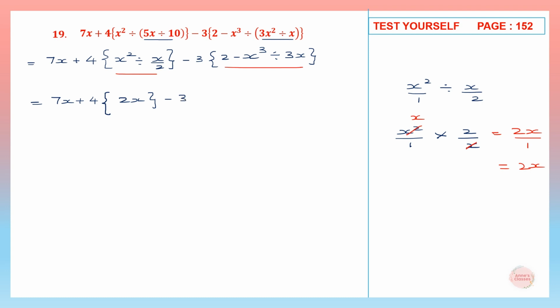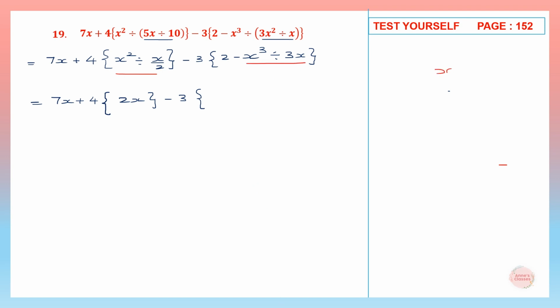Minus 3. Now here also we need to work out what is inside. Inside the brackets, we have 2 minus x cubed divided by 3x. According to BODMAS, the division has to be done first. So we have to do x cubed divided by 3x. So this will be x cubed by 1, or you can write it like this. So this is x cubed and this is x to the power of 1.